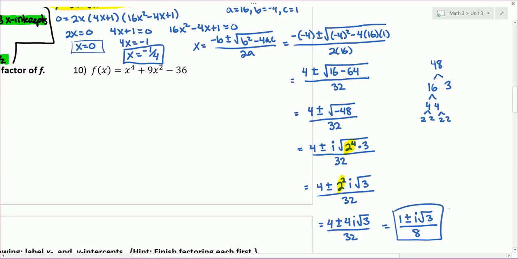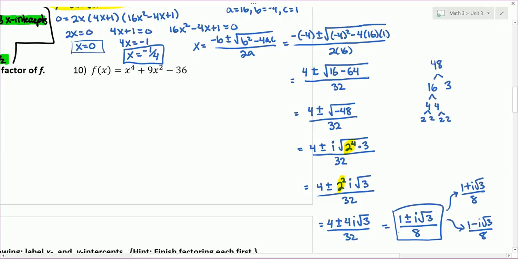Notice this is 2 roots grouped into 1, right? So this is really 1 plus i root 3 over 8 and 1 minus i root 3 over 8. Just know there's 2 distinct roots, but we tend to just group them together.